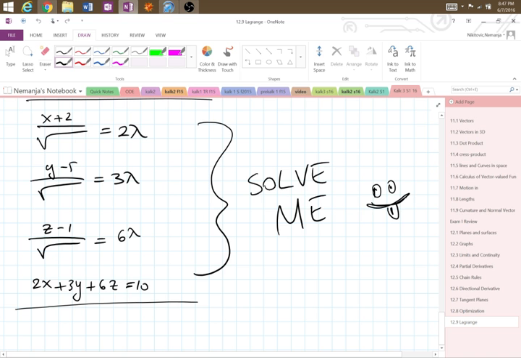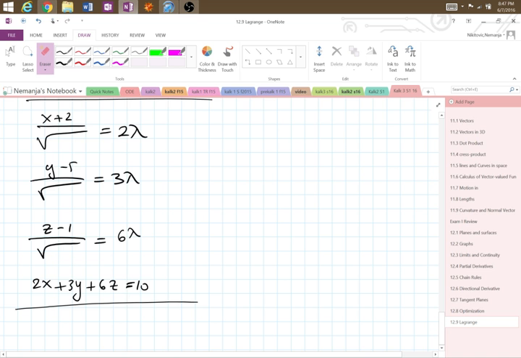Okay, let's try and solve this now. Since you all got it, it's awesome. So, how are we going to solve this? Well, in this case, we have this square root, which appears in all three of these equations.